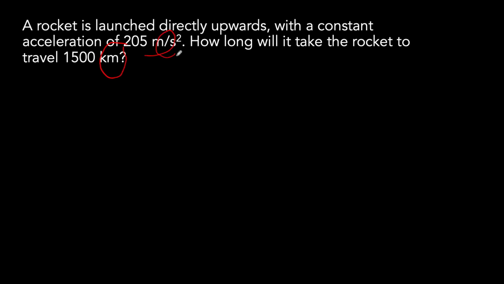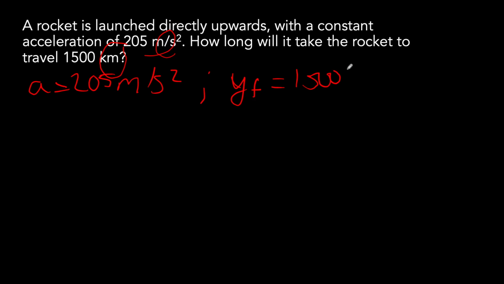So the very first thing I'm going to do is write down that I have an acceleration of 205 meters per second squared. And my final distance, my y final, y sub f, is 1,500 kilometers, which I know, because I know my SI prefixes, is 1,500 times 1,000 meters.